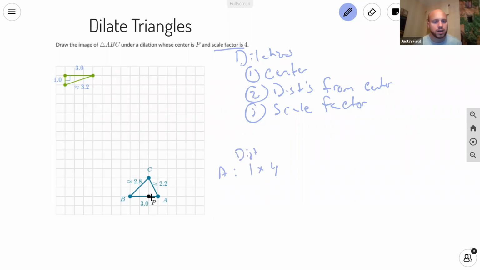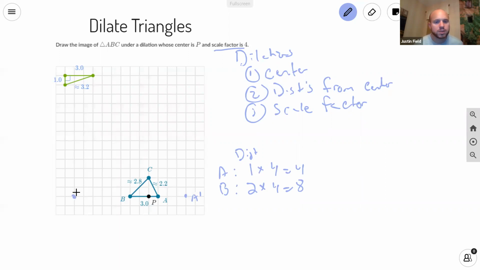And so now we got to go 1, 2, 3, 4. That's where A prime is. How far is B? It's 2 away. B's distance is 2, so we got to multiply that by 4. You get 8. So B is going to be 8 away. 1, 2, 3, 4, 5, 6, 7, 8.